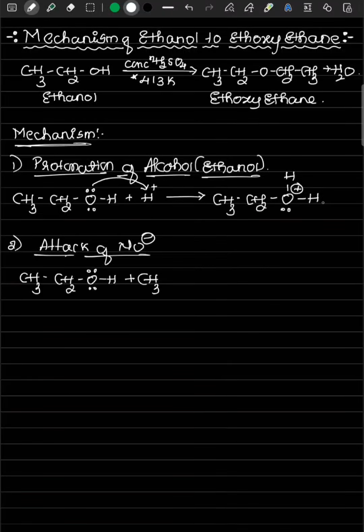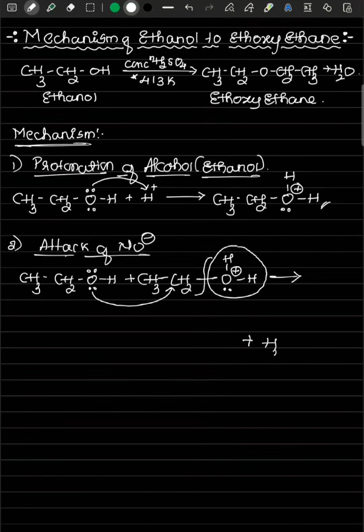Our protonated alcohol is this CH3CH2OH2, that is oxygen with a positive charge. Here the electron pair will go and attack the carbon. So this bond is eventually broken, and this entire part will come out in the form of H2O, with a pair of electrons on the oxygen.